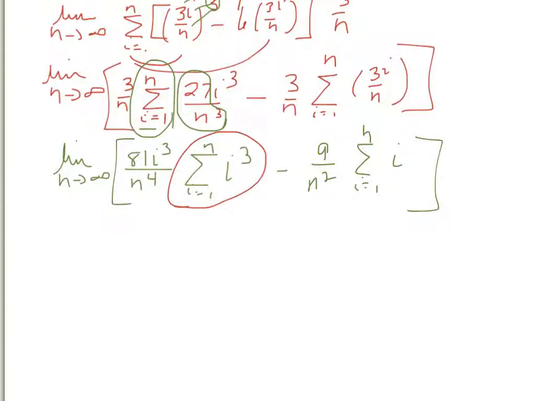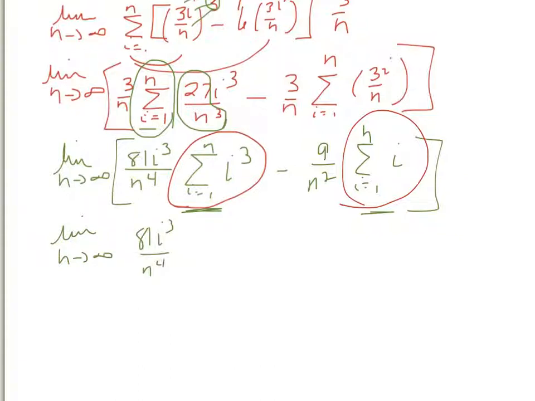Okay, so now it's just time to go ahead and replace both of these summations with what we have already proven and found. If you remember the staircase problems that we did, we already know what these both equal. So I'm going to have the limit as n goes to infinity, and I have 81 over n to the 4th.